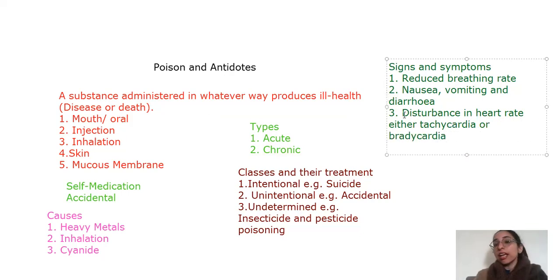Both, yes. If the heart rate of the person is increased, that is tachycardia. If it is suppressed or decreased, that is bradycardia. Both of them are termed signs of poisoning.